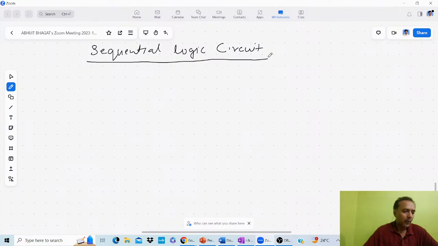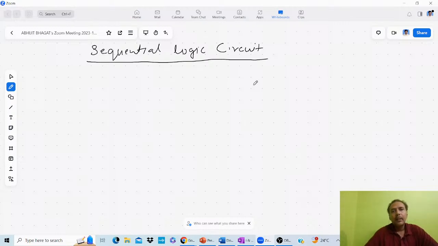Before starting the class, all of you must sit with a pen and paper, pen and copy. Before starting the sequential logic circuit, I hope all of you remember the combinational logic circuit.